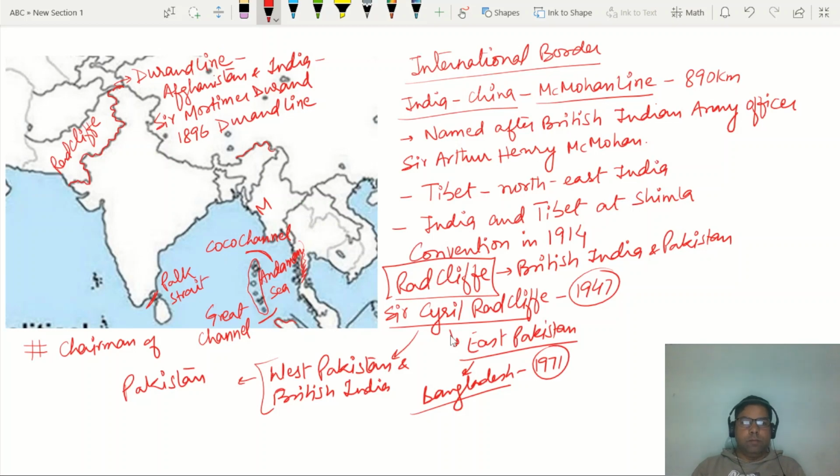Palk Strait. Then after, this archipelago is called Maldives. Maldives is separated from India by a narrow channel called the Eight Degree Channel.